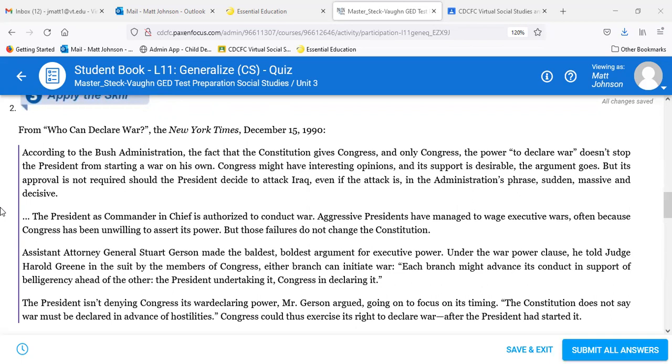Congress might have interesting opinions, and its support is desirable, the argument goes, but its approval is not required should the president decide to attack Iraq, even if the attack is, in the administration's phrase, sudden, massive, and decisive. The president, as commander-in-chief, is authorized to conduct war. Aggressive presidents have managed to wage executive wars, often because Congress has been unwilling to assert its power. But those failures do not change the Constitution.